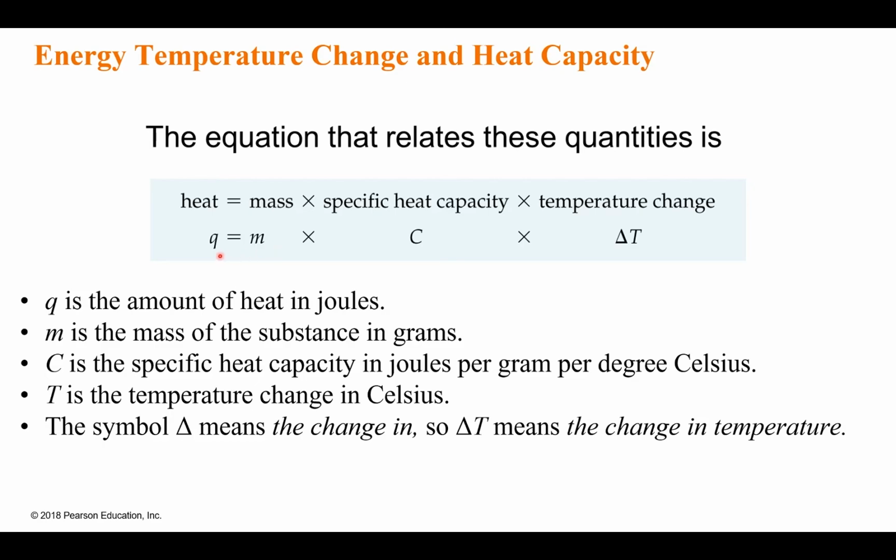The units for Q are going to be joules, for mass it's going to be gram, and for delta T it's going to be degrees Celsius or Kelvin. It depends on what we're given. We can use either as long as they're consistent with the units of the specific heat capacity. So the units for the specific heat capacity are going to be joules per gram per degree Celsius. And if you look at it, they should all cancel out and give us joule.